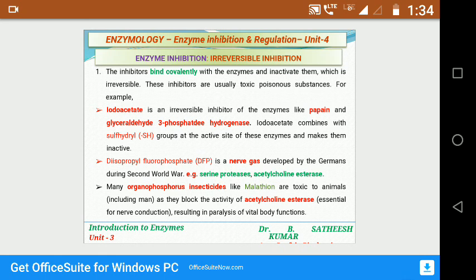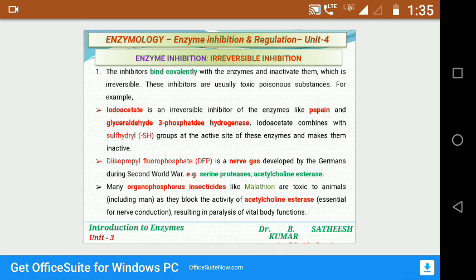If they are very important for the maintenance of life, then those important enzymes will be inactivated, and that will cause a potential danger to the organism. That is why these kinds of irreversible inhibitors are also known as toxic and poisonous substances.